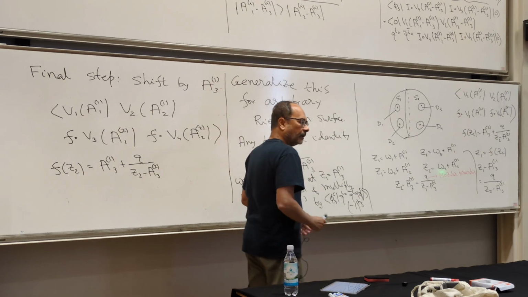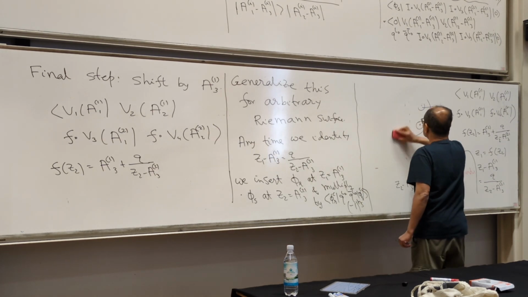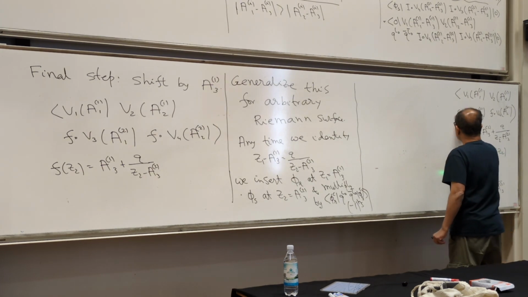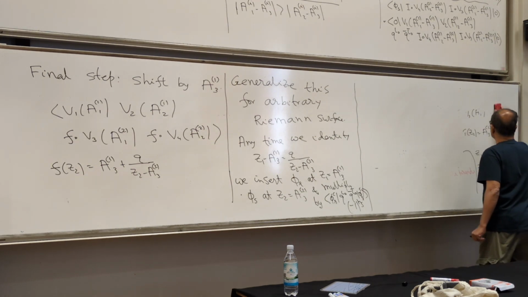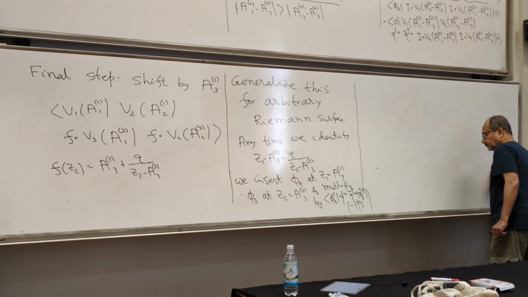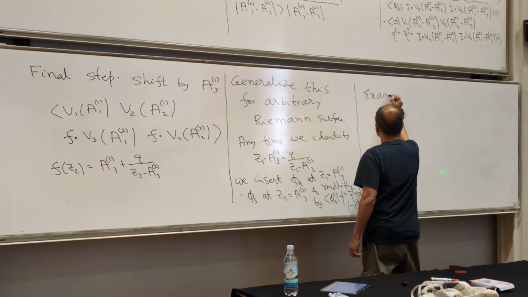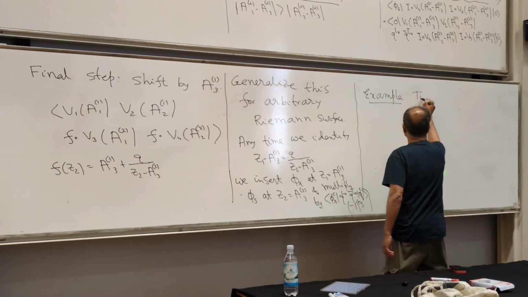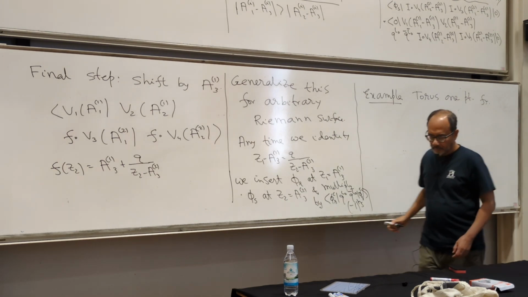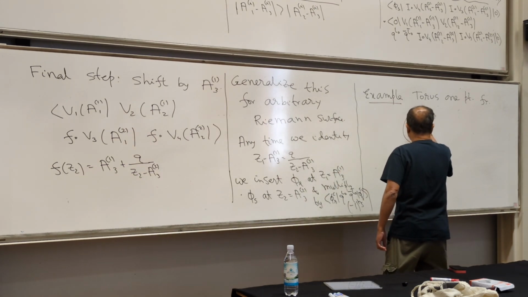Okay, so I'll give an example of a torus one-point function. So take a sphere with just 3 holes.